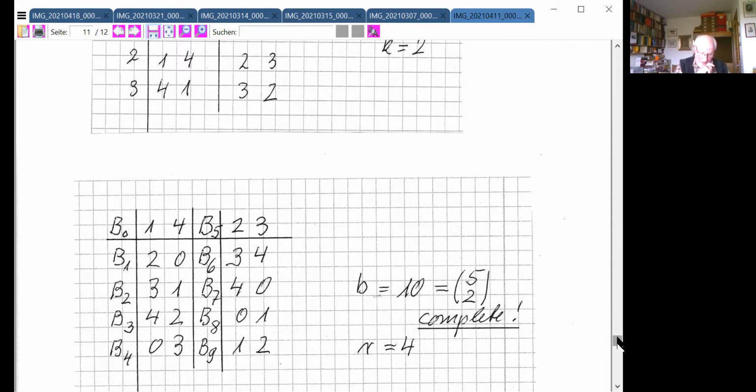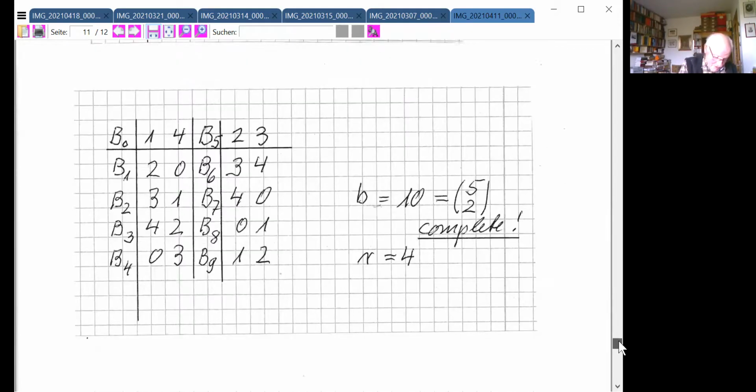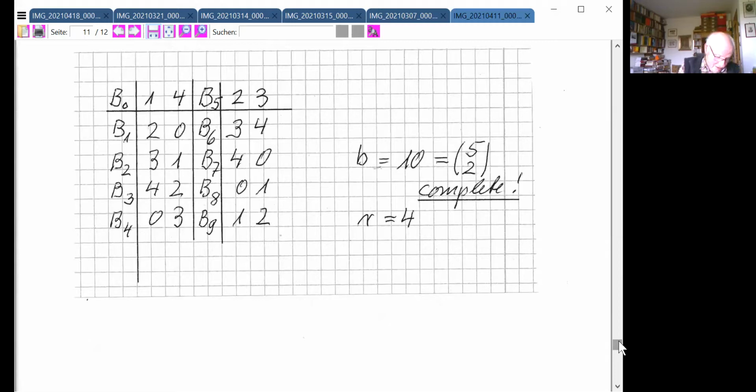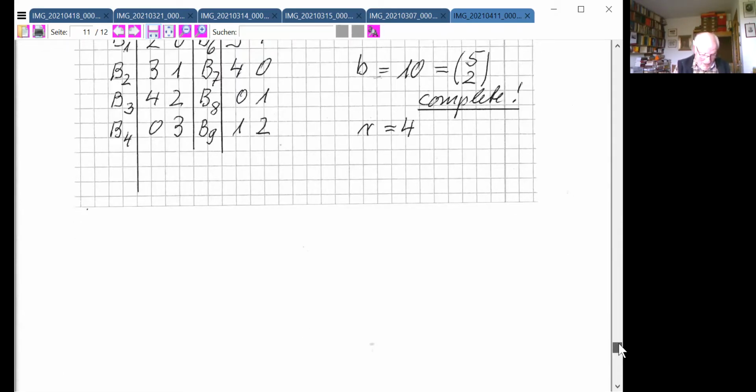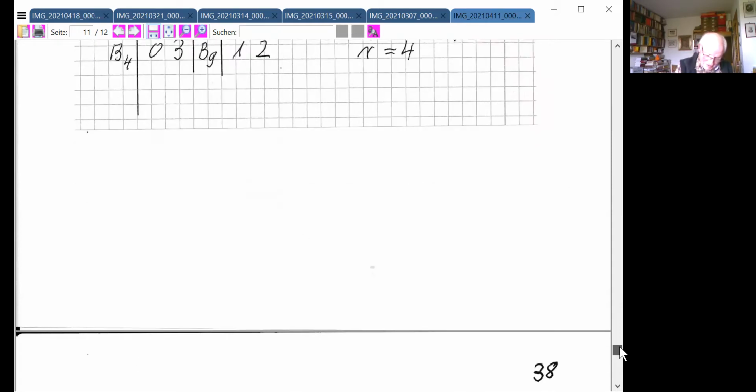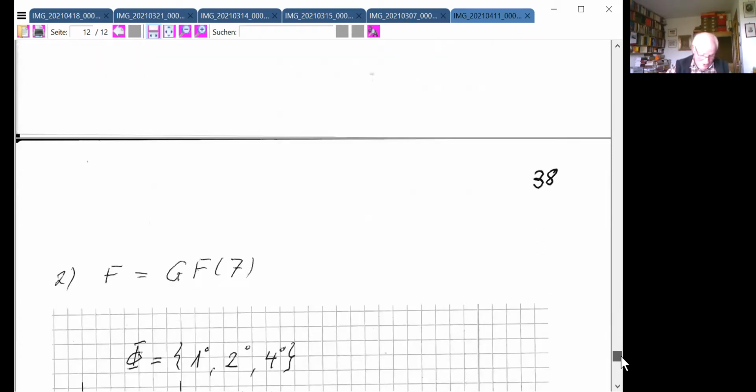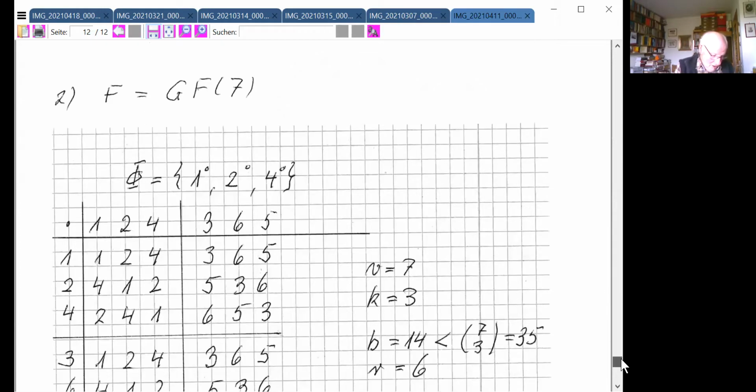And since the number of elements in this phi is the same as the number of equivalence classes, we have only 2 equivalence classes, and this is by definition not planar. So that's nice and simple, but it doesn't help too much.